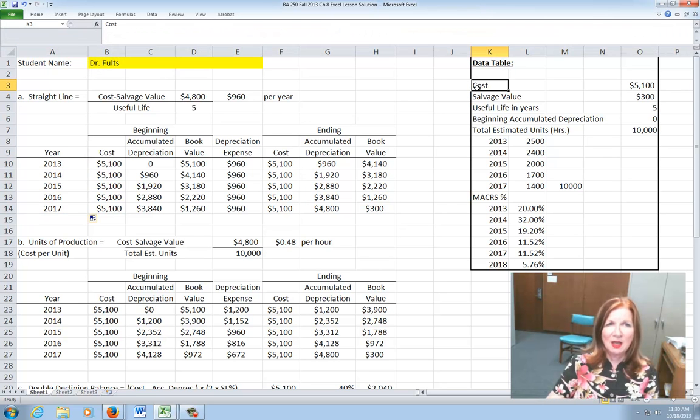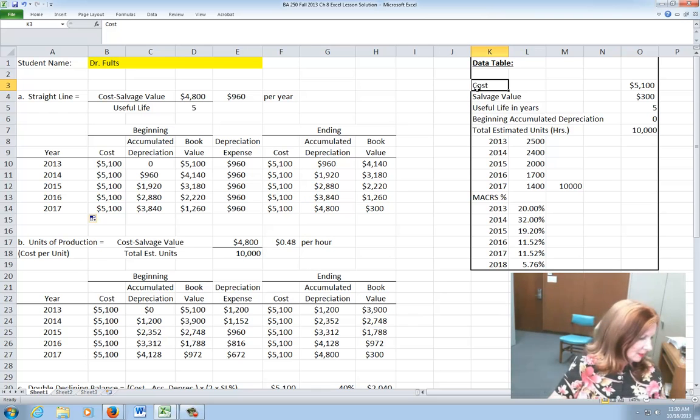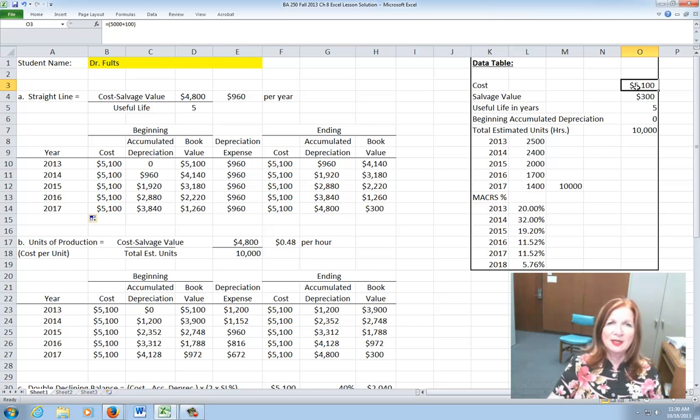I skipped a line and typed in cost because that was one of the conditions that they told us. The computer had a cost of $5,000 and $100 for delivery charges. So I typed in cost, and then over here I said this is equal to 5,000 plus 100.